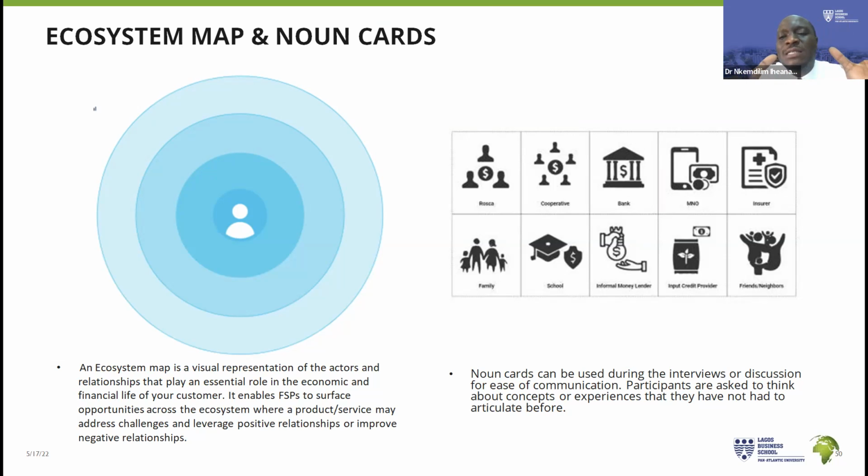Now, what this ecosystem helps you do is it helps you understand, looking at this entire customer's financial structure, who are the most critical stakeholders and why? How close are they to the customer and how far away from the customer? Next slide.